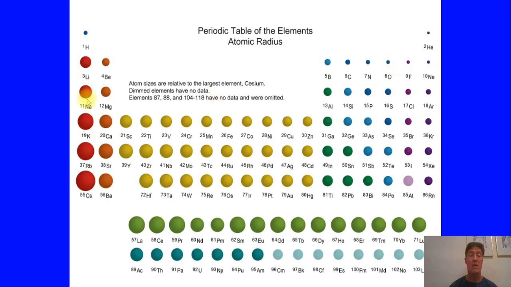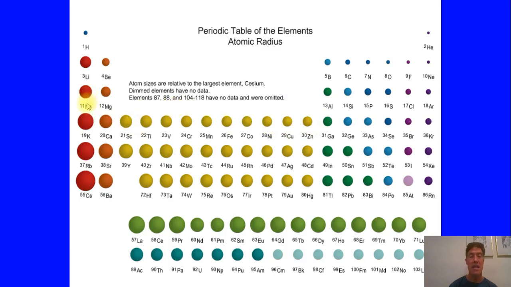And we bounce over here to 3. Now we start over with a bigger element. Why? Well, because we've added another shell. This is shell 1, just has 2 electrons in it. This is shell 2, has 8. This is shell 3, has 8 plus these other ones in this d shell.